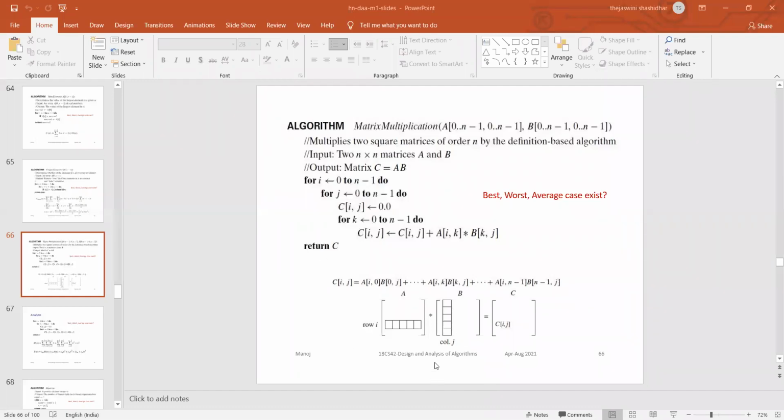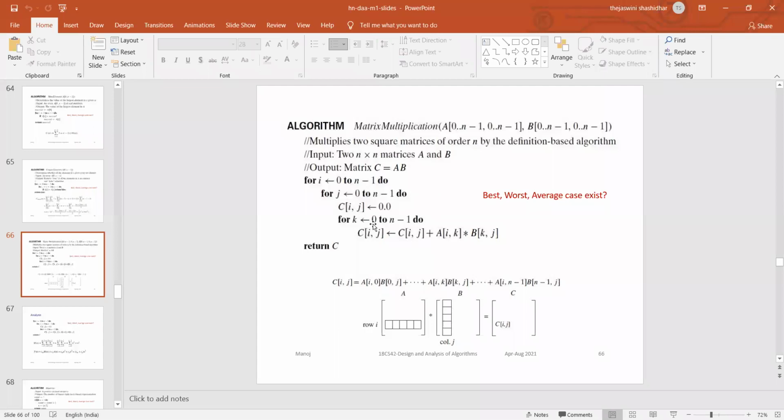For rows and columns, we take two loop variables, i and j. i ranges from 0 to n minus 1, j ranges from 0 to n minus 1, and the final array is C of ij. The first input array is A of ij, the second input array is B of ij, and the final output array is C. So we take C of ij equal to 0.0.